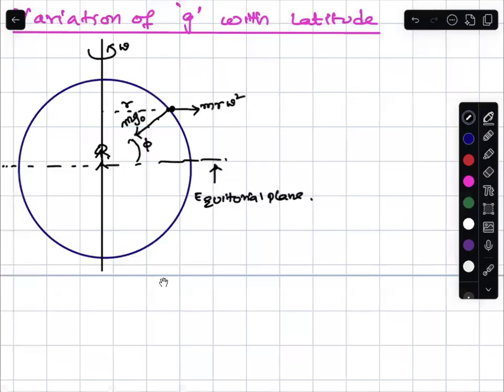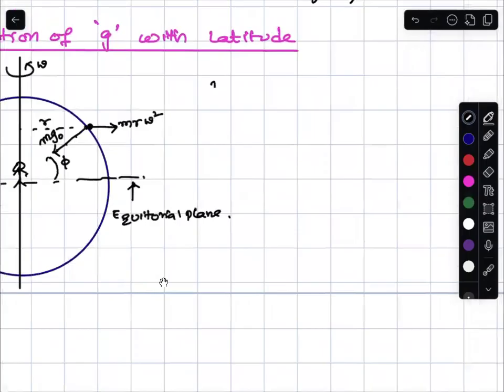So therefore, observing these, the net downward pull m g phi can be considered as m g naught minus your component, m r omega square cos phi. Please tell me till this point, do you have any doubt? This is the net pull toward the center of the Earth as observed by a frame attached to the Earth. Till this point, any doubt?